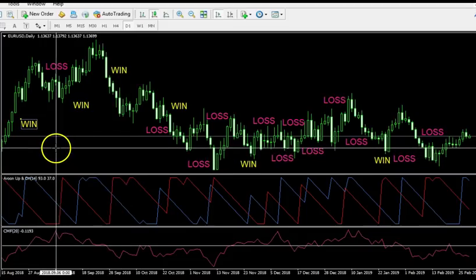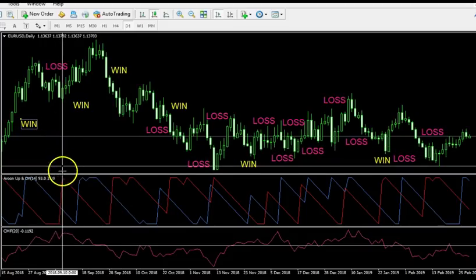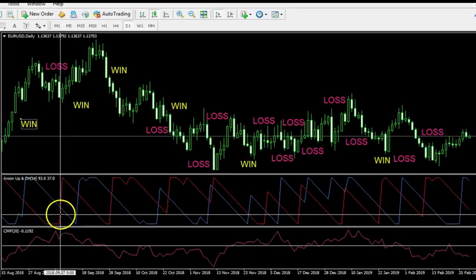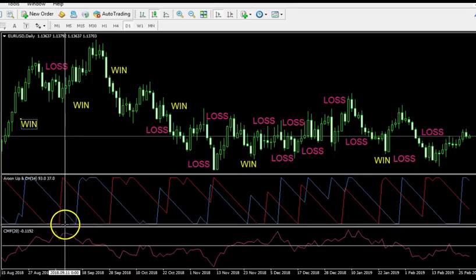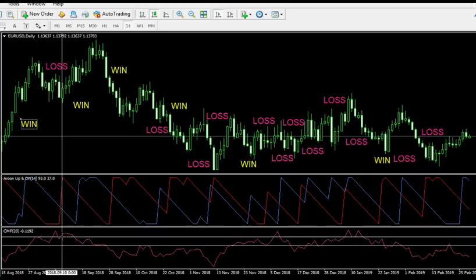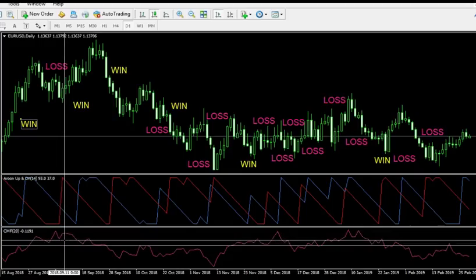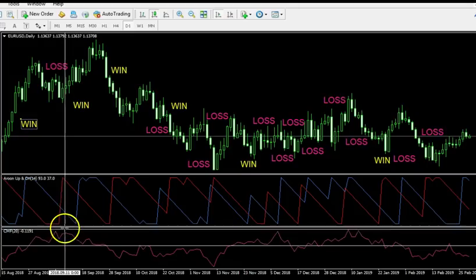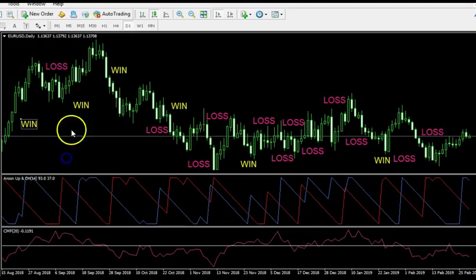On this loss right here, it was a short, as you can see. I look down, and Chaikin is saying, no, we're not in a short program here. We are in a long program. As long as this is above this, you're only allowed to take longs, which means this loss here would have never happened.